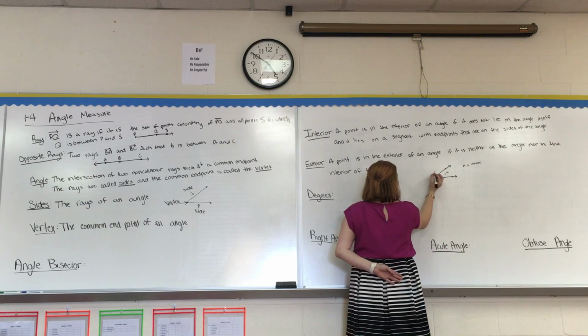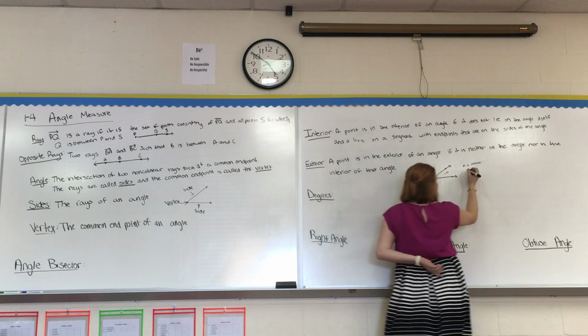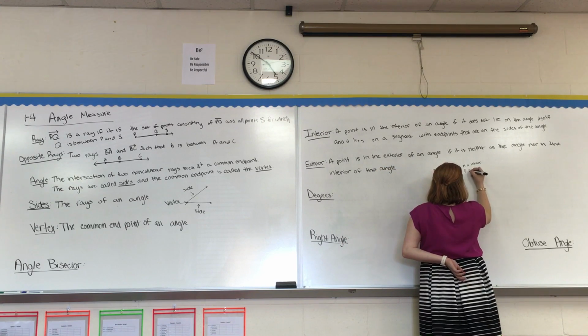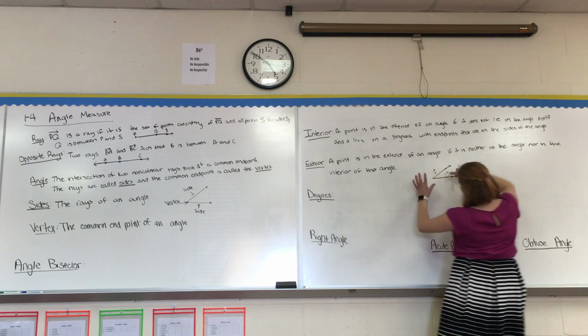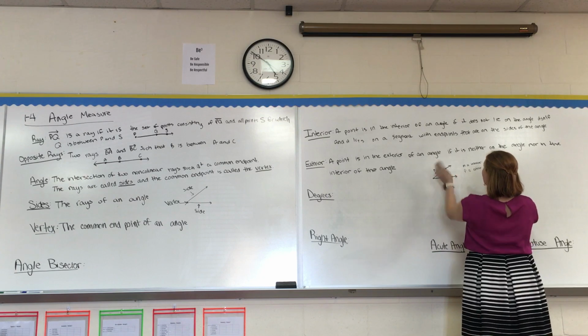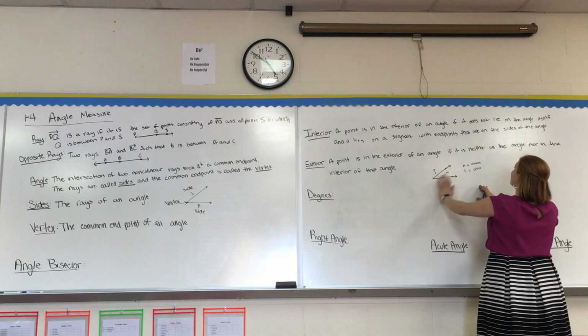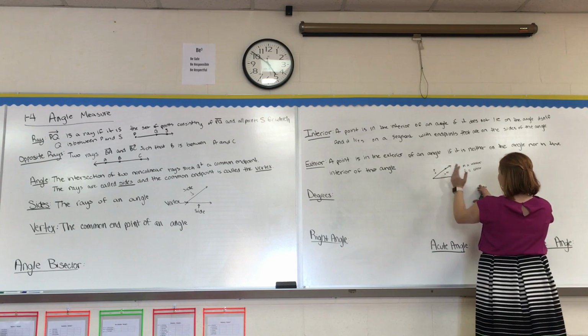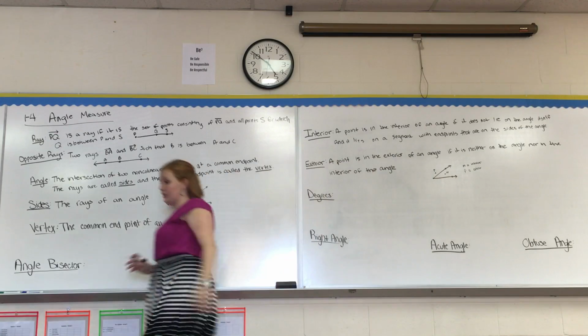Now if I have point P right here, it's not on the interior, P is exterior. So we're looking at this angle right here. It lies within it. It doesn't lie on the sides of it. And it lies with the segments with endpoints that are on the sides of the angle. So M is interior, P is exterior.